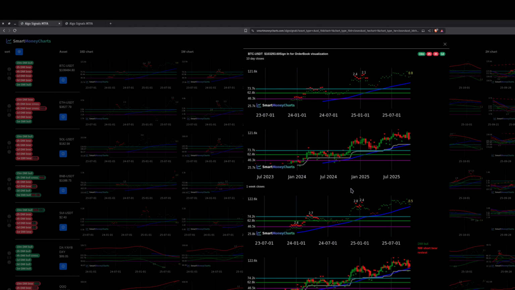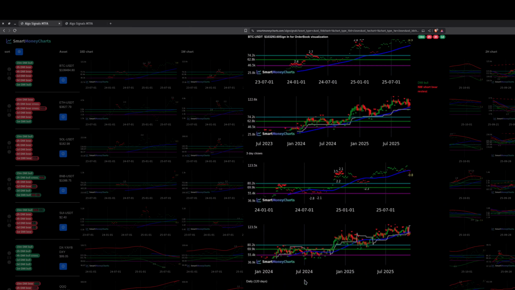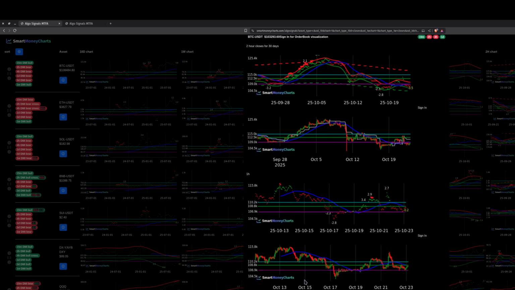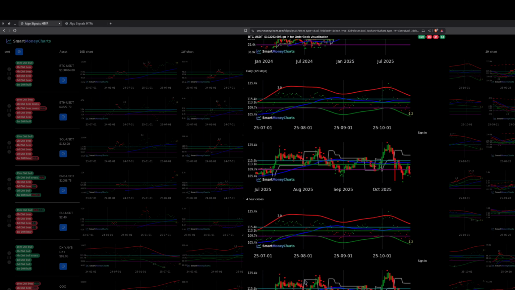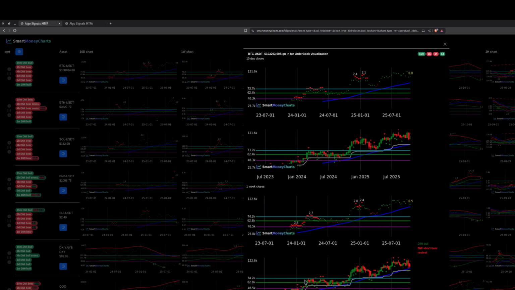The eye brings up some details, and now you're going to get the 10-day closes here and the 10-day candles, and the 1-week closes here and the 1-week candles and signals. And you'll be able to scroll through them in a screen ratio that's just a little bit better for a mobile device if you're on the go and you want to see it vertically.